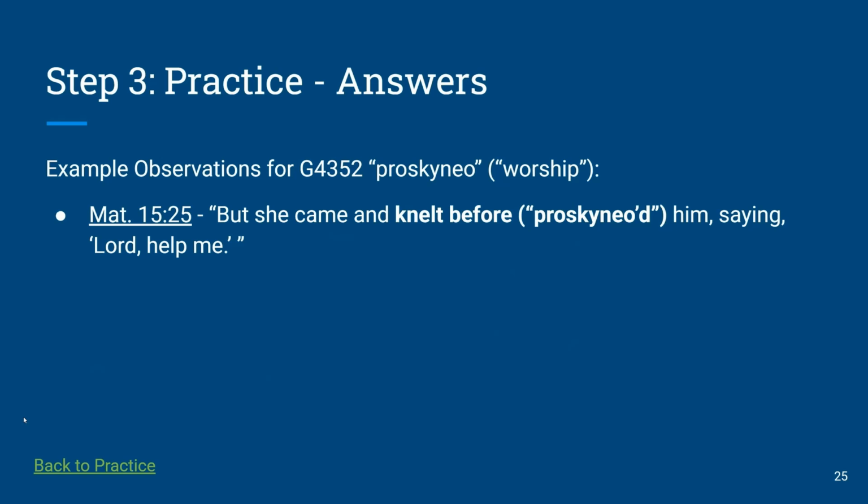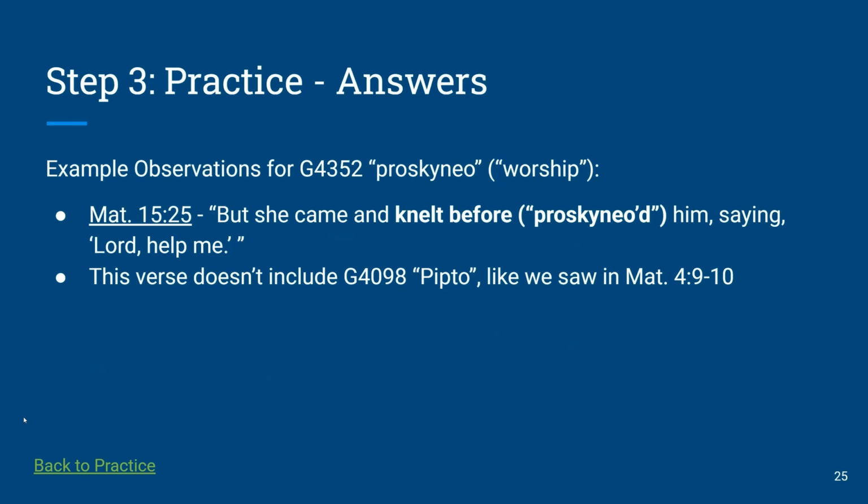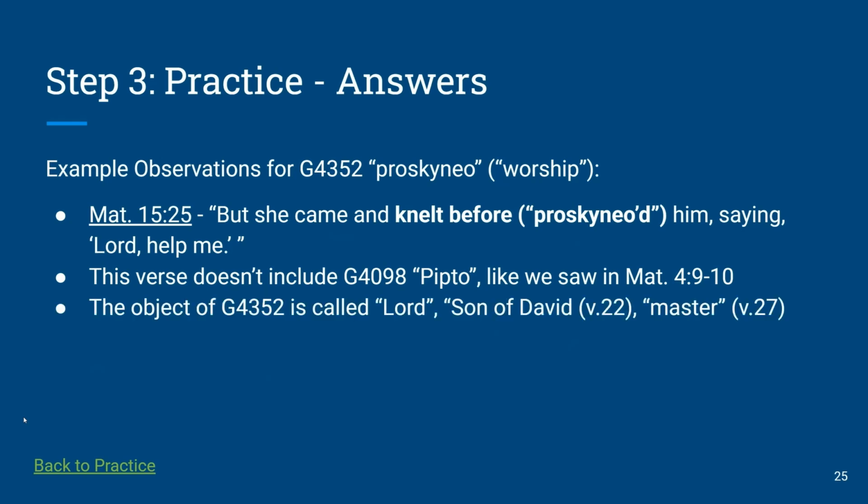The English translator saw that it was maybe a best choice to translate proskuneo as knelt before. That's actually how it is translated here, which is interesting. So this verse, furthermore, does not include G4098, pipto, like we saw in Matthew 4, 9, and 10, but it seems still to carry some of the same connotation because this is a physical action.